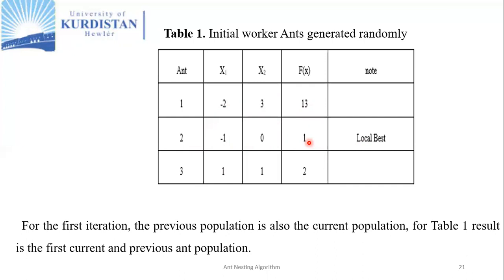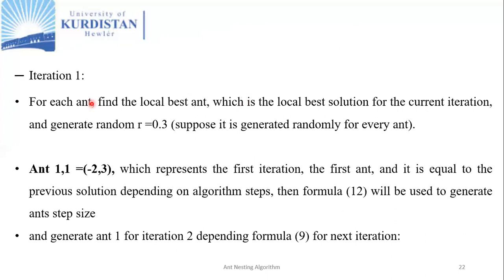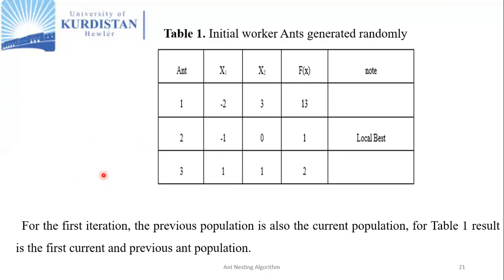So at the beginning, the previous population is the current population. This current population is also the previous because we don't have a previous yet. Now, iteration 1 for ant 1: we have random number 0.3. It has position -2 and 3, as shown in the table.